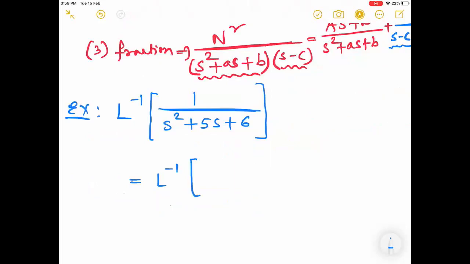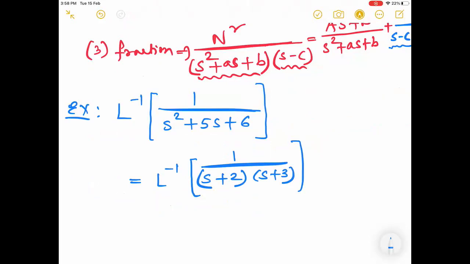Can anybody tell me the factorization of this? S plus 2 and s plus 3. That's it. Correct. So two linear factors you are getting, s plus 2 and s plus 3.